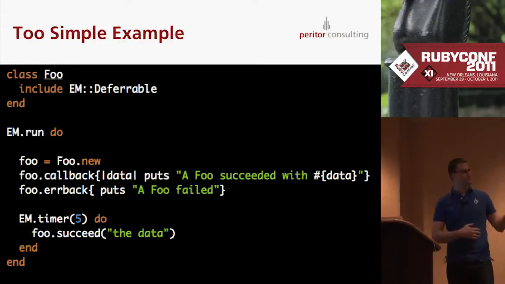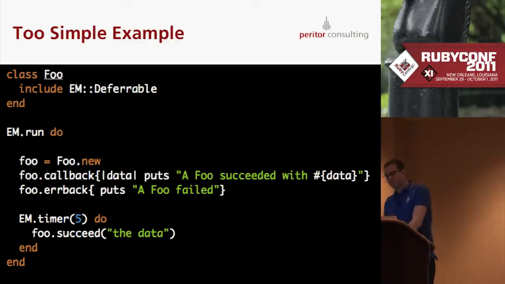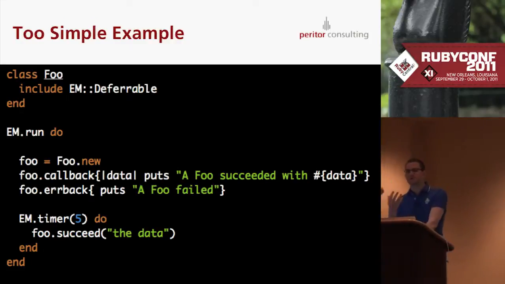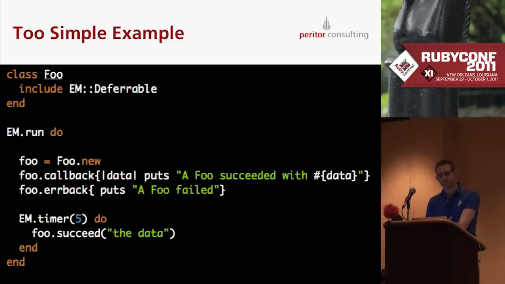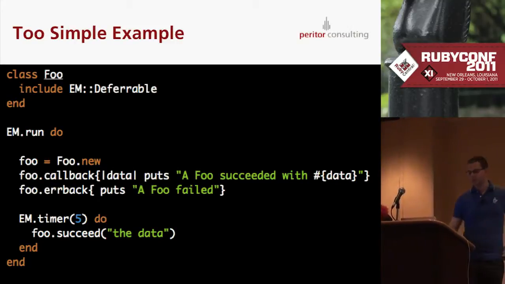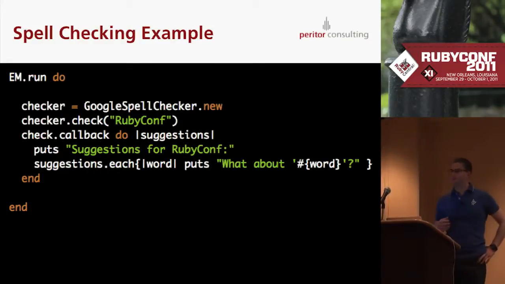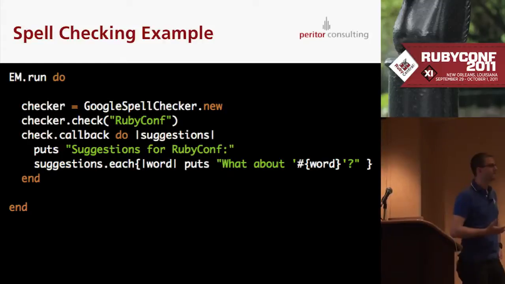So the interesting question is, why do I need stuff like that? The answer is to build classes that internally use callbacks, in order to make it very easy for your users to use them. Let's assume I'm using the Google Spell Checker API.